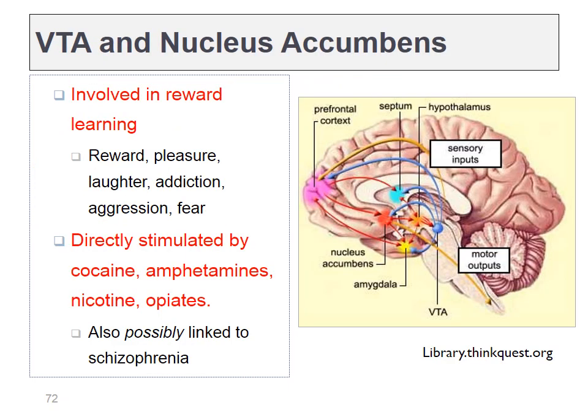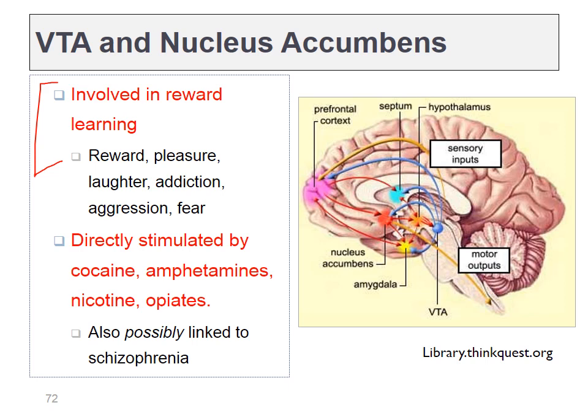Next up are a pair of structures called the ventral tegmental area and the nucleus accumbens. These work together, but from here on out, let me just mention the nucleus accumbens. These are also involved in learning, the exact opposite of the way the amygdala is. These provide positive reinforcement.